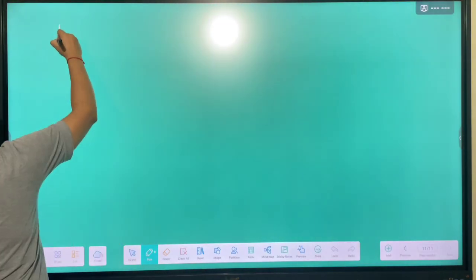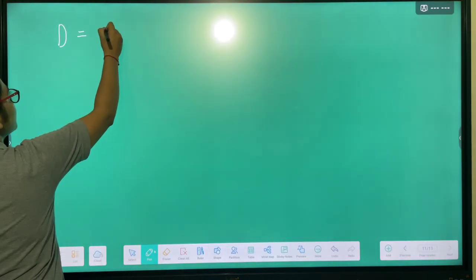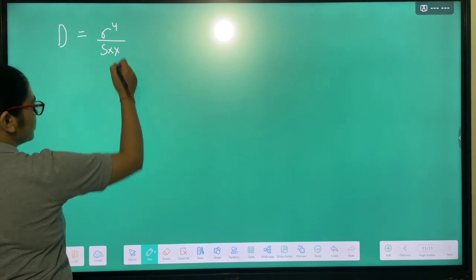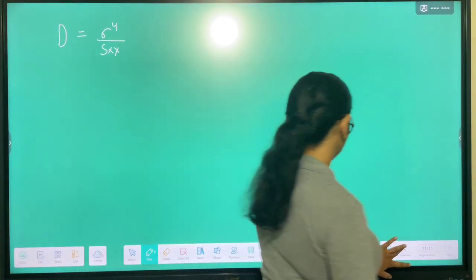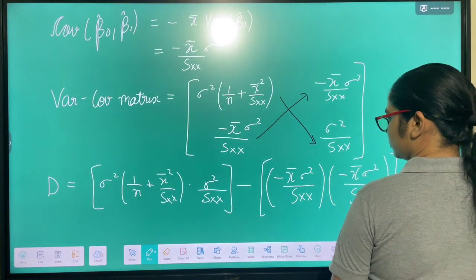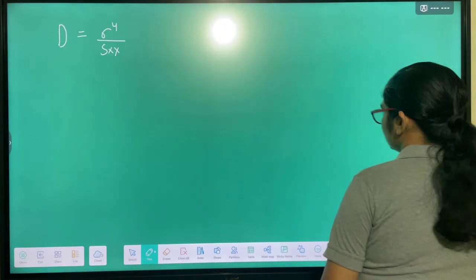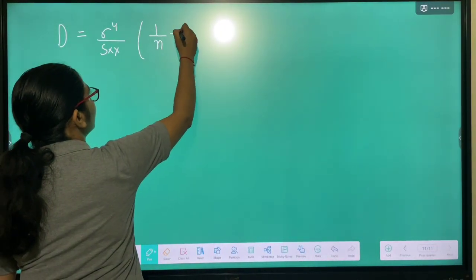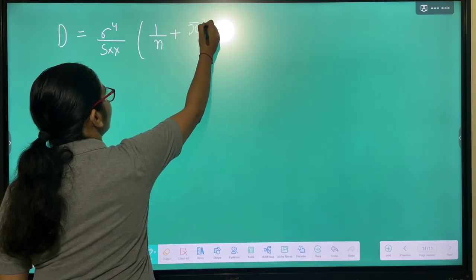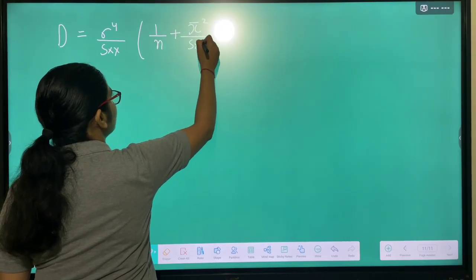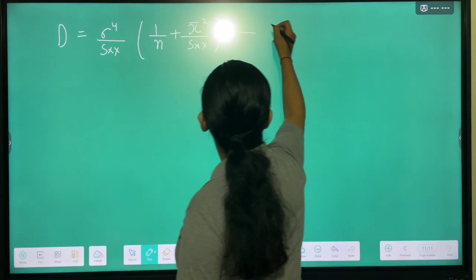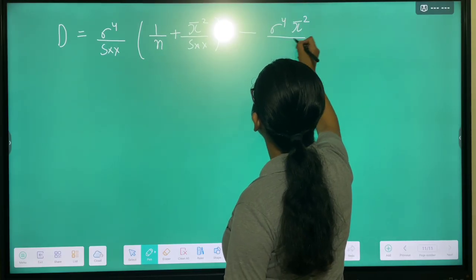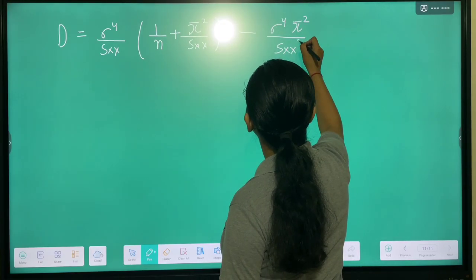we will get D equal to sigma raised to the power 4 upon sxx into 1 upon n plus x bar square upon sxx, minus sigma raised to the power 4 x bar square upon sxx square.